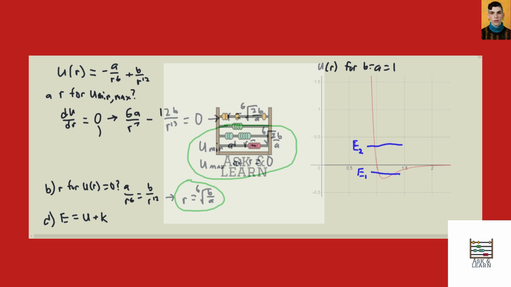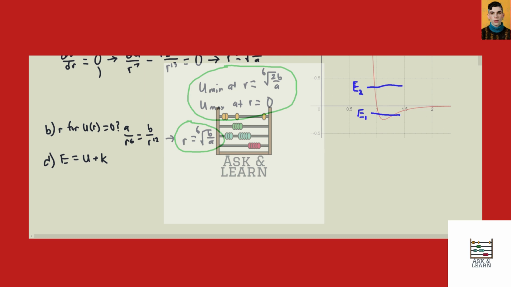We can't go to the left of this point because then we would have negative kinetic energy. But anywhere to the right of here, we'll have positive kinetic energy. So our atom is going to continually have some positive kinetic energy, so it's going to continue to have a positive velocity, and it's going to continue to move, right?